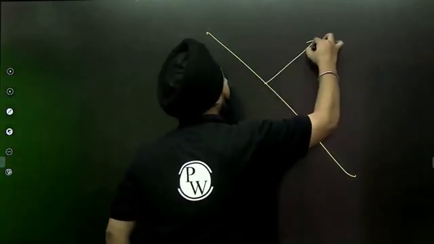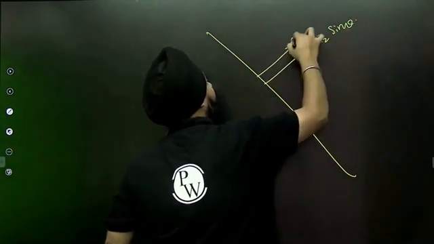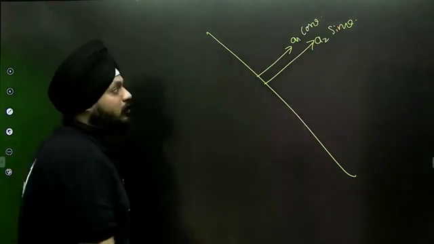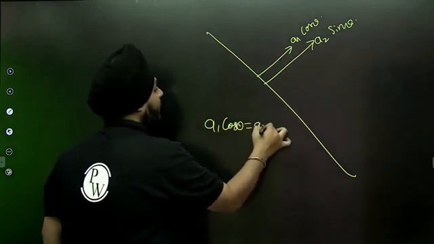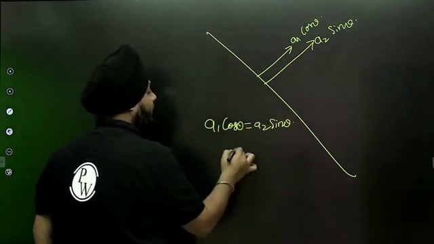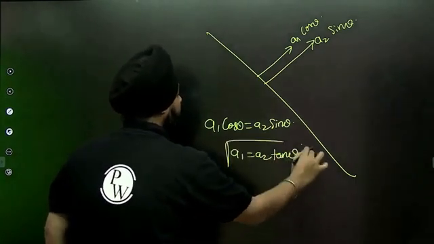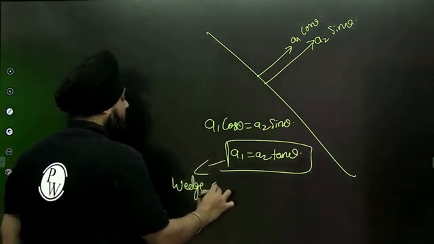The perpendicular component of A2 is A2 sin theta. The perpendicular component of A1 is A1 cos theta. Their relative is 0, so A1 cos theta equals A2 sin theta. So A1 equals A2 tan theta. This is the wedge constraint problem.